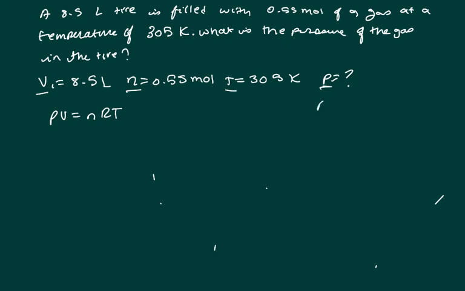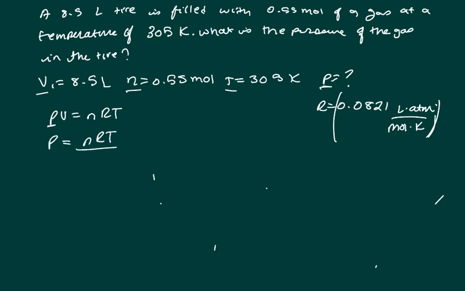And R here is 0.0821 liter ATM per mole K, right? So let us try to solve for pressure. To solve for pressure, just divide by volume on both sides. So your N, is it in moles?